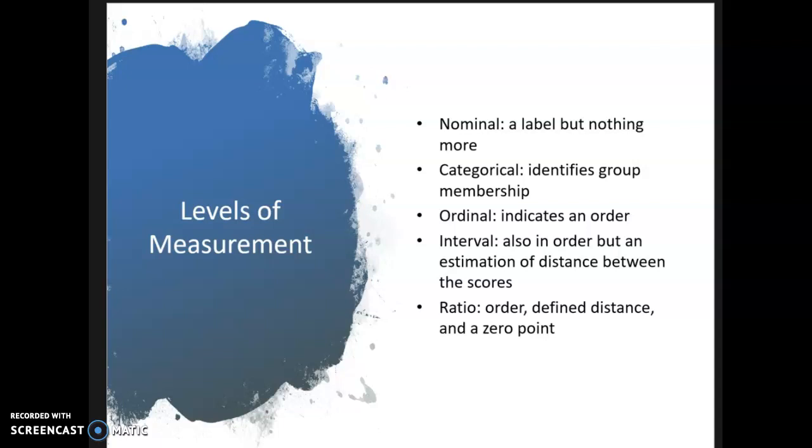An interval is also in order, but it's an estimation of the distance between the scores, so we're looking at how far it is between the scores. And then ratio is defined by distance, order, and 0 point.